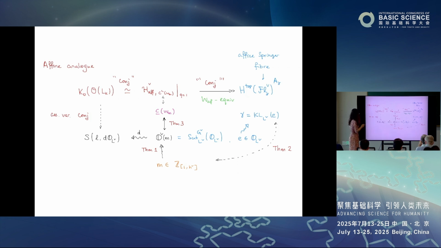And then theorem 3 tells you that this orbit indeed corresponds to this two-sided cell corresponding to this element W m. And then the conjecture, in quotation marks, so you can say there's a conjecture in quotation marks, there's a conjecture in triple quotation marks.